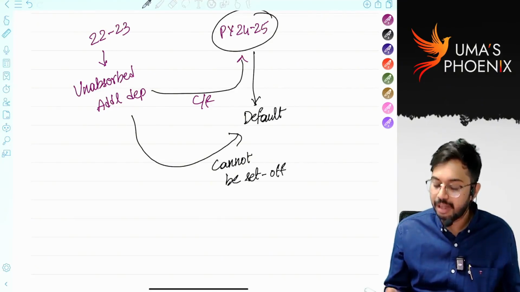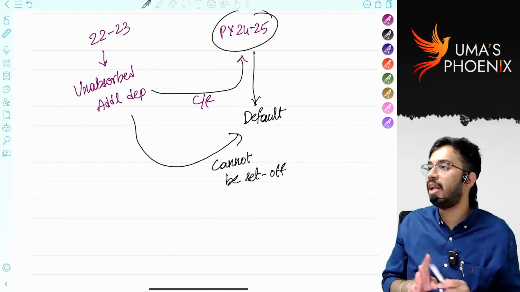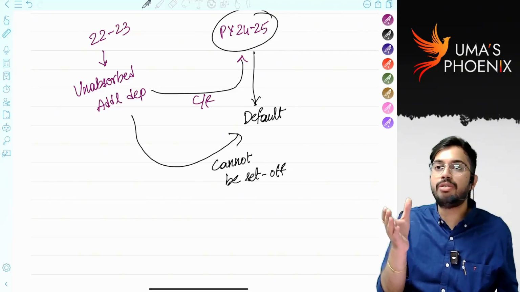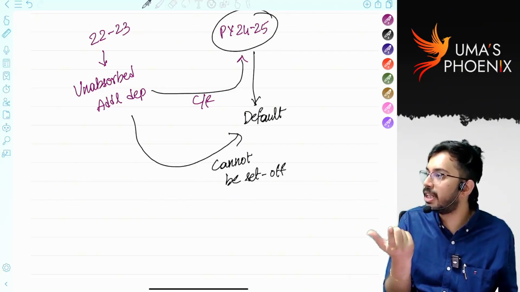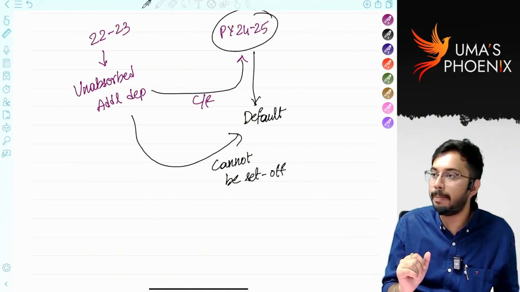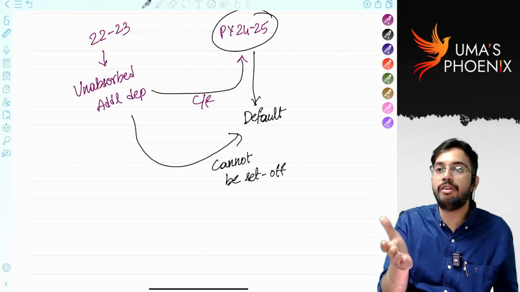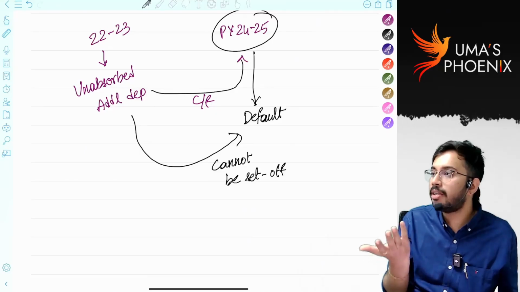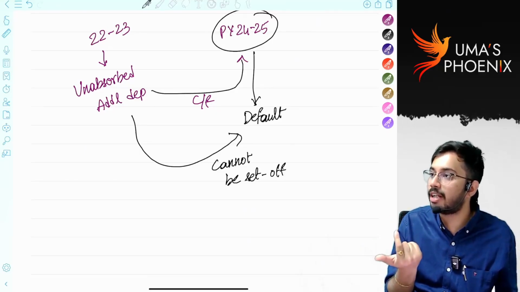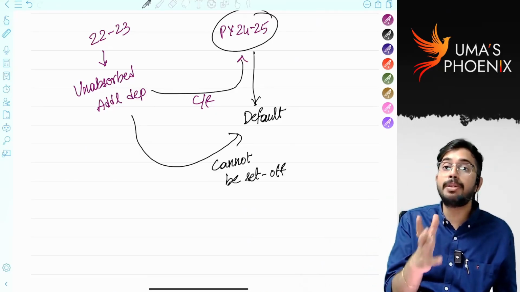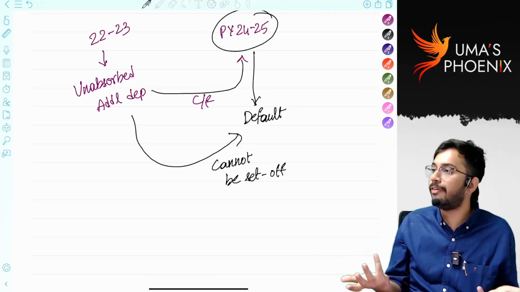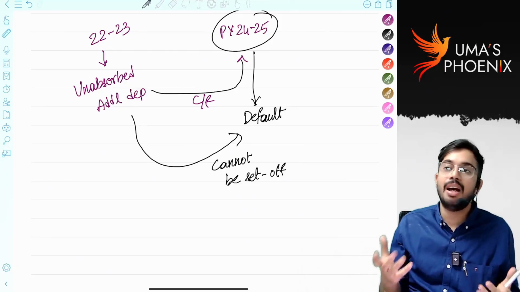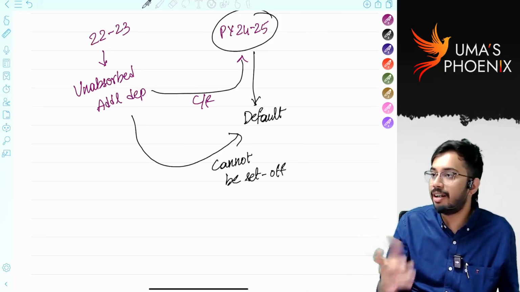Now, SSC will feel bad. SSC will tell, sir, in 22-23 I did not have profits to set off additional depreciation. That's why there is unabsorbed additional depreciation. In 23-24, you only gave me the option. I am paying taxes under default tax rates. You are only saying unabsorbed additional depreciation is not eligible for set off. This is unfair, sir. So SSC will tell his grief.